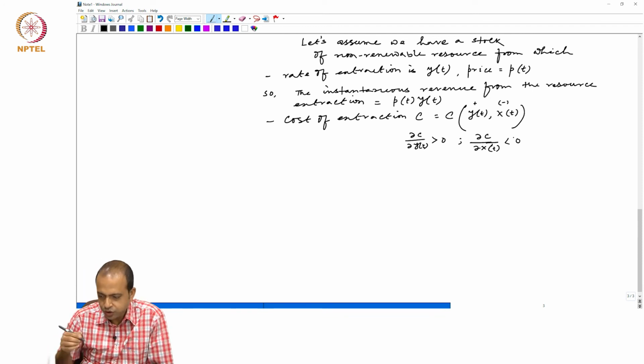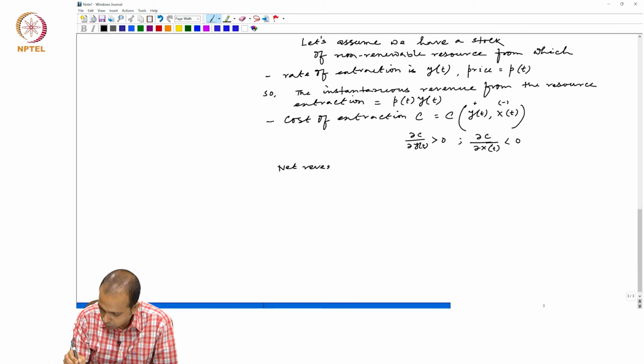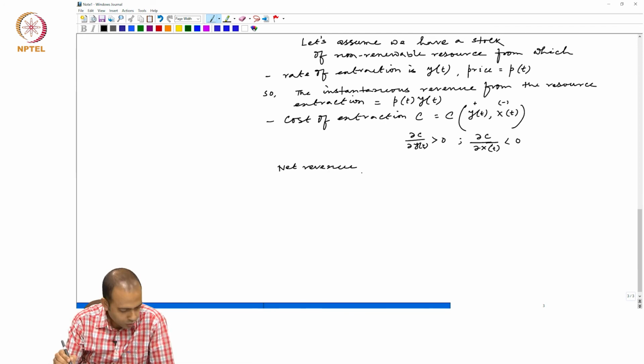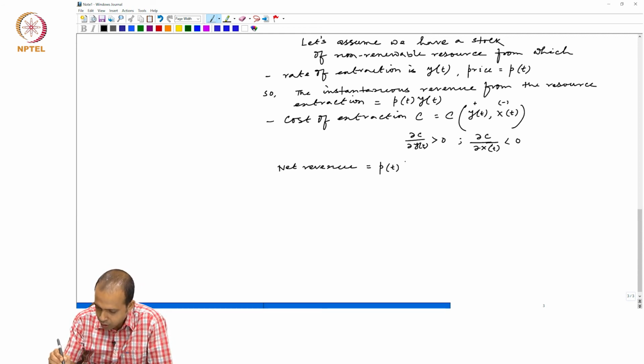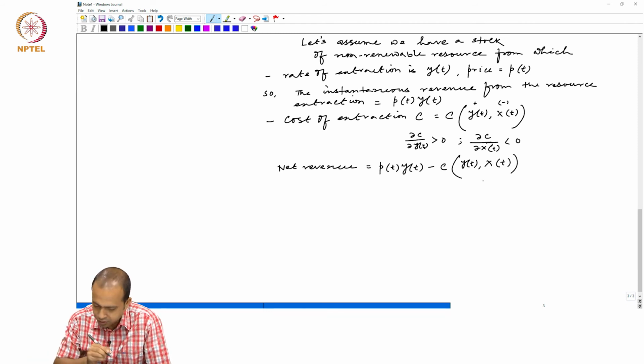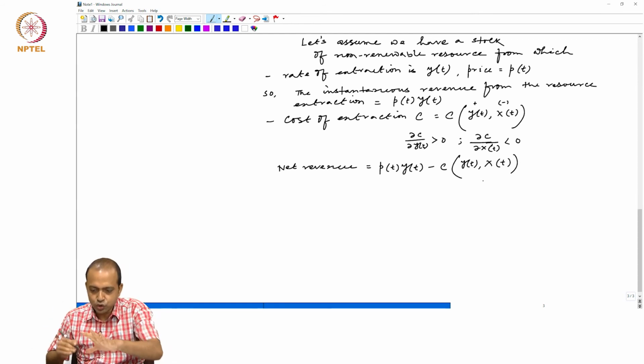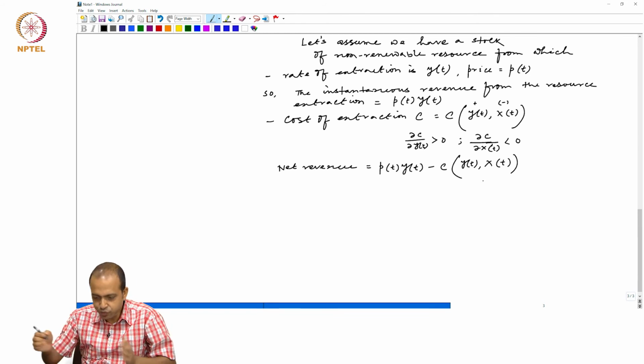Okay. So, net revenue or net benefit equals to PT into YT minus C of YT, XT. This is the net revenue. And this is something the resource owner is trying to maximize over a period of time.